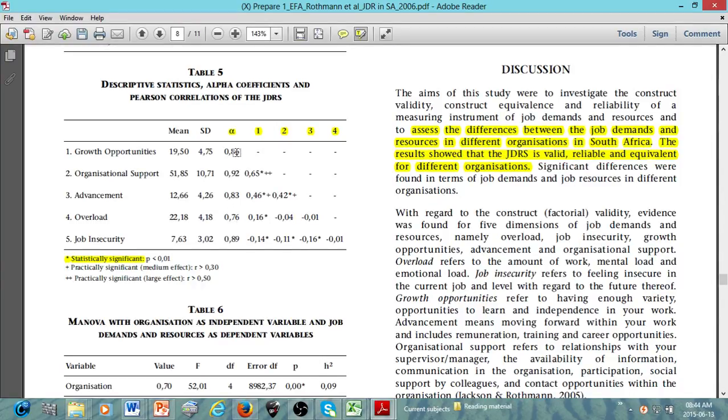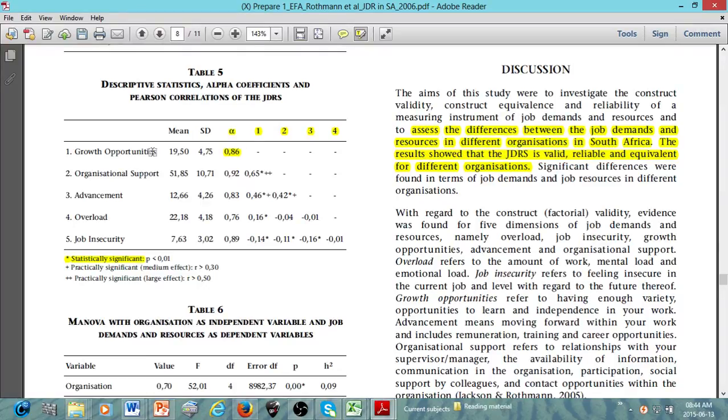And like we said, the Cronbach alpha coefficient indicates the reliability of the measure that was used to measure the construct of interest. A measure and a test are synonyms in research jargon. I'd rather say test because I don't want to confuse people.